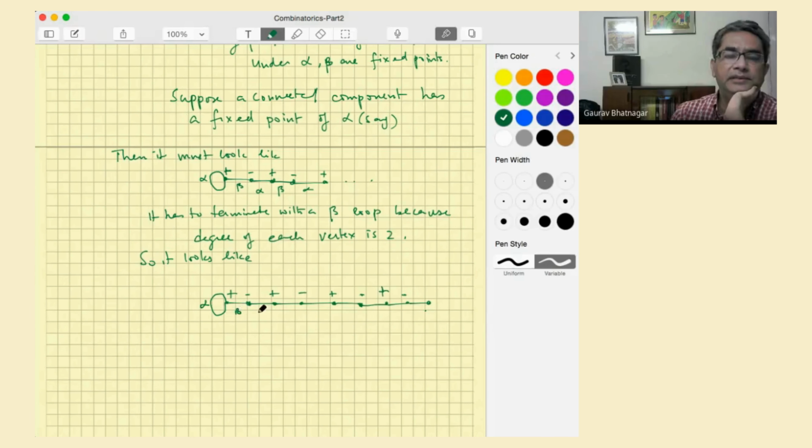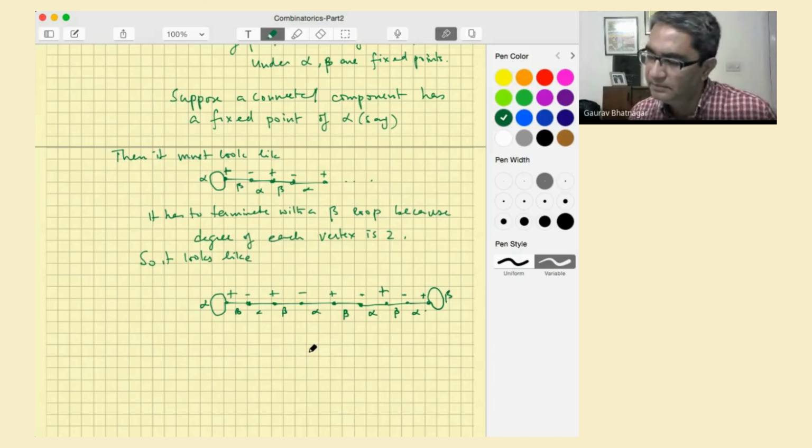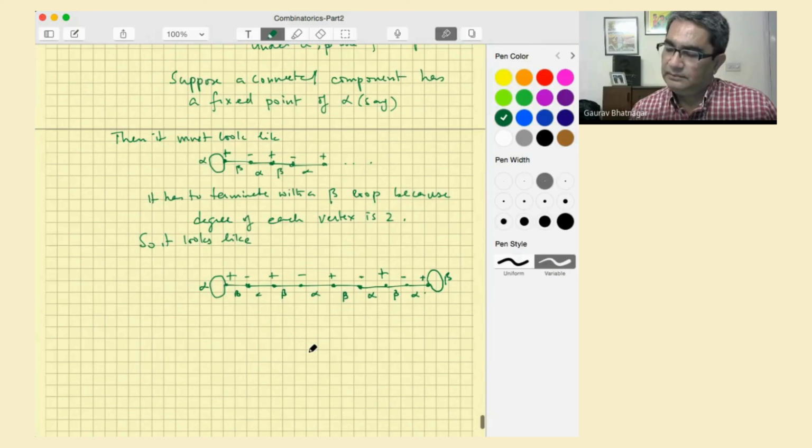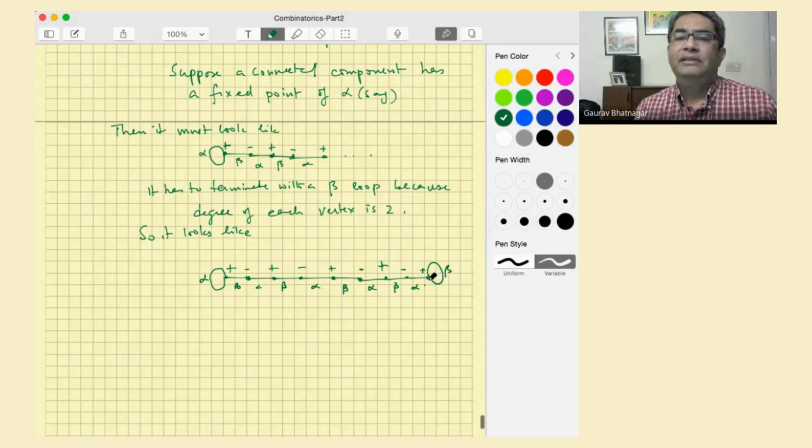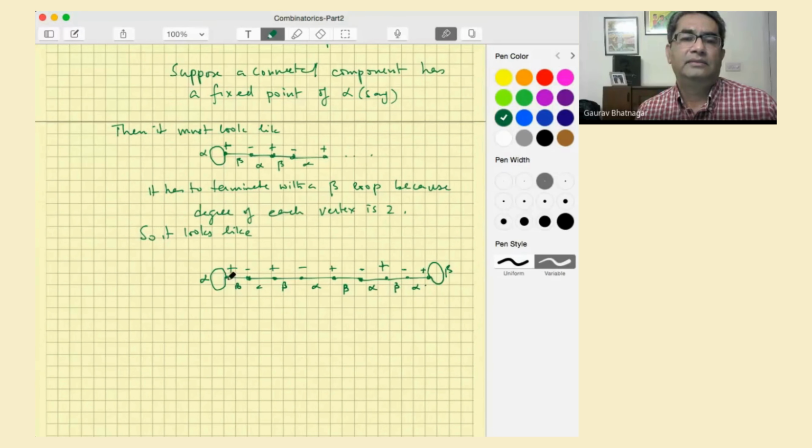So this is beta, alpha, beta, alpha, beta, alpha, beta, alpha, and now beta. So it has to end with, no wait, plus, this is minus, plus, minus, plus, minus, plus.